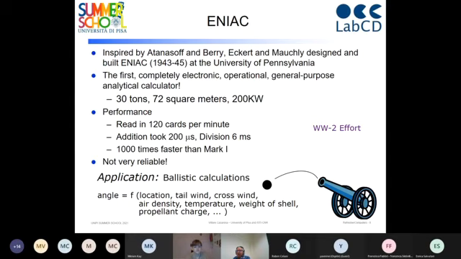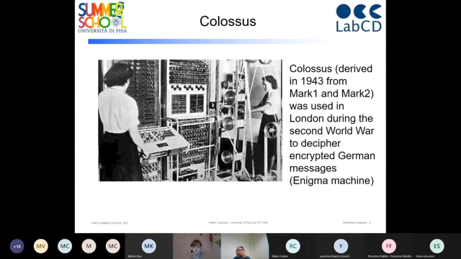The last example of this World War effort is the Colossus machine. This again was unknown to most people until the 70s, because it was really a very well-kept secret in London. And now it is very popular because there was a movie. I always forget the name of the movie, but it was the story of the famous mathematician and logician.